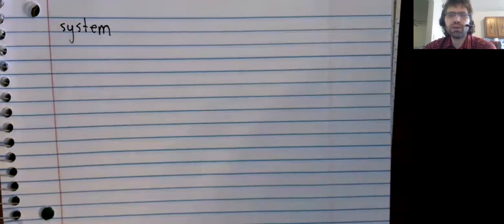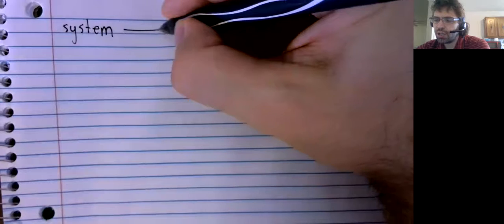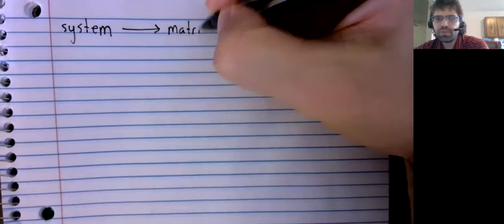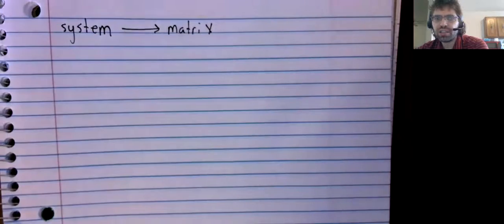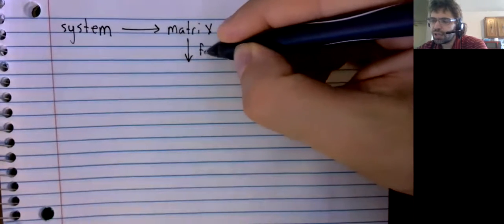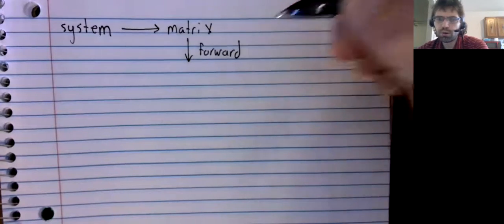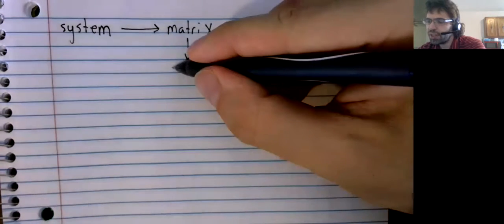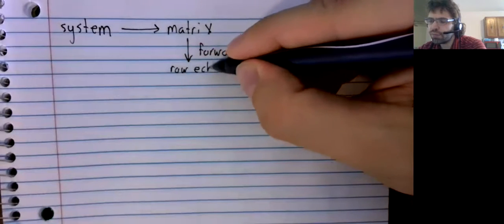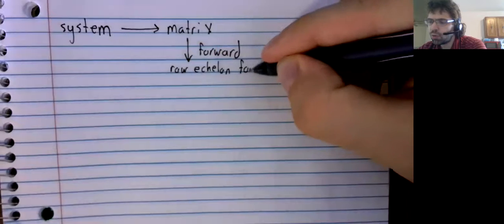We'll use Gauss-Jordan elimination. We'll store the system as an augmented matrix and perform the forward phase to put it into row echelon form.